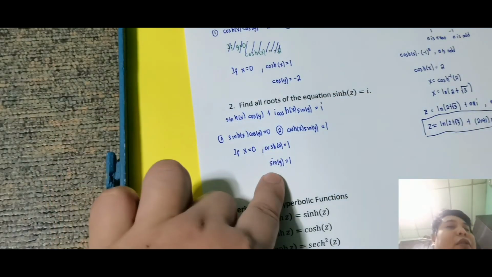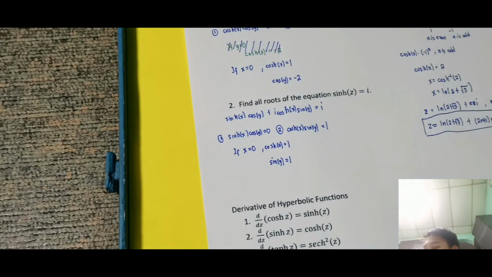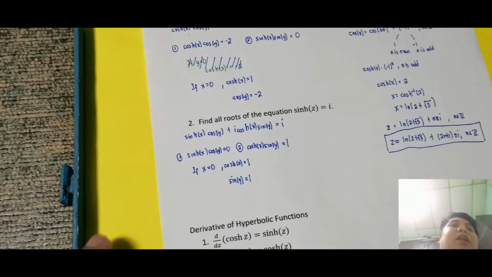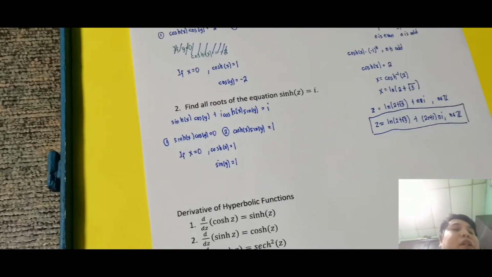So nakakuha tayo ng value, okay na no? That is 1. Ito yung tanong: if sin y is 1, ano ibig sabihin nun? May value ba na lalabas na sin y is equal to 1? Yes, meron. Yun ay 90 degrees.